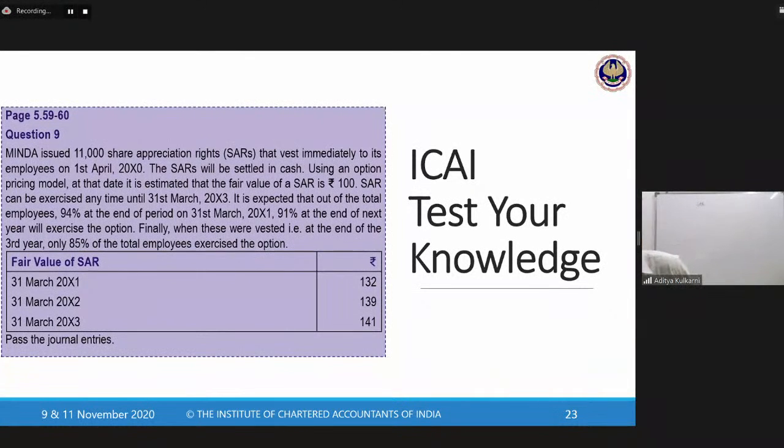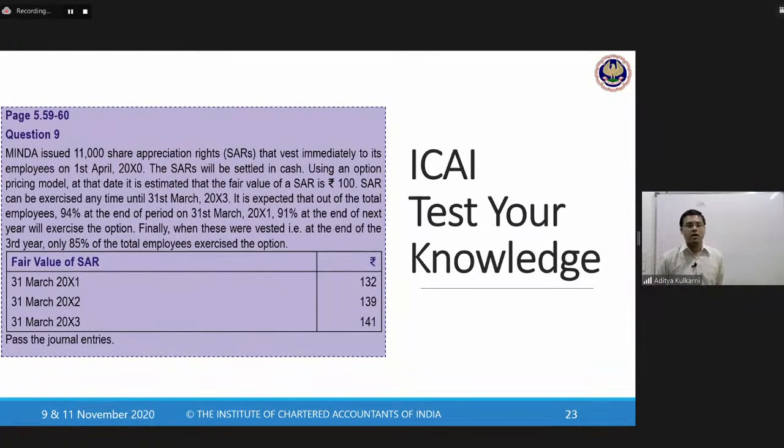Okay. Now, using an option pricing model, this is again an option. All right. Option to receive cash. At that date, it is estimated that the fair value of the SAR is rupees 100. SAR can be exercised anytime until 31st March. So these are the words that will be given to you.